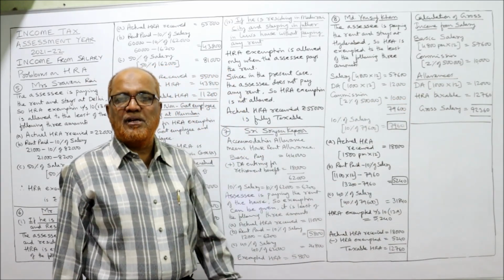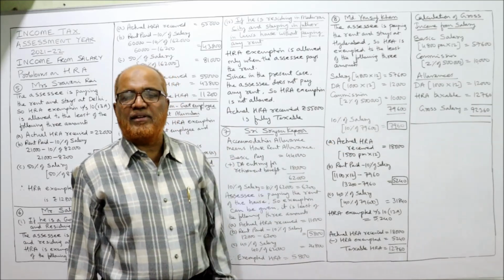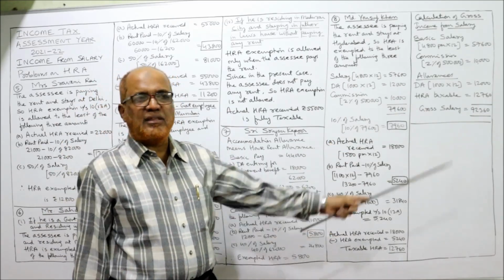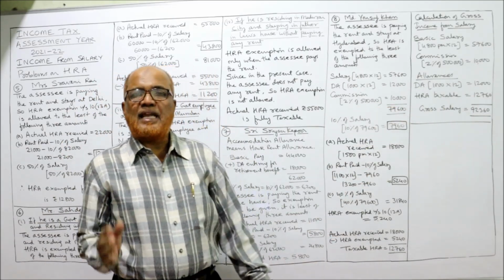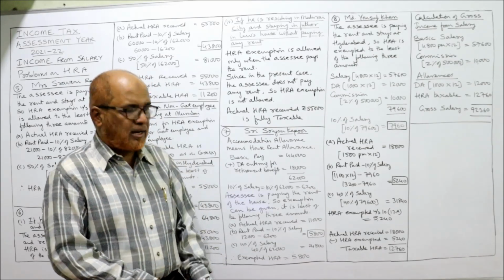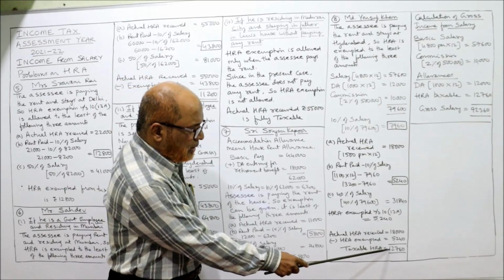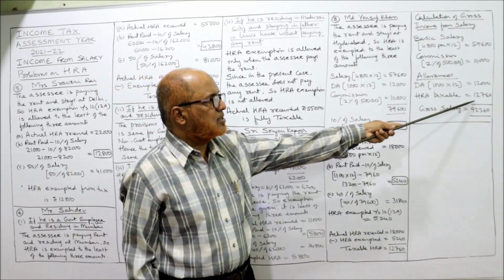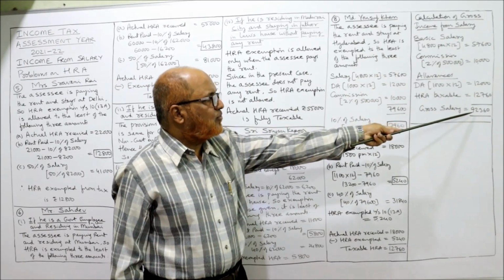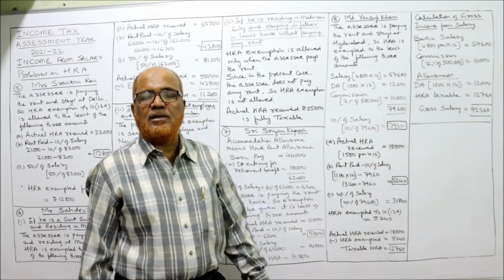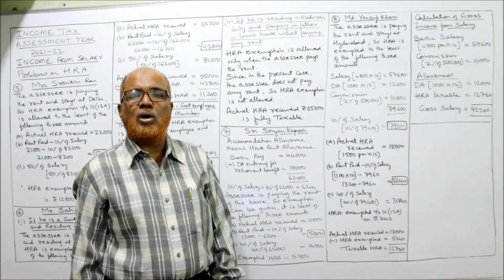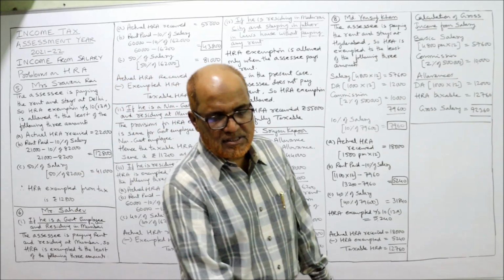Now allowances. Under allowances, dearness allowance, 1,000 per month into 12, 12,000. Taxable house rent allowance, HRA, is 12,760. Take the total of these: 92,360. This is the gross income from salary.